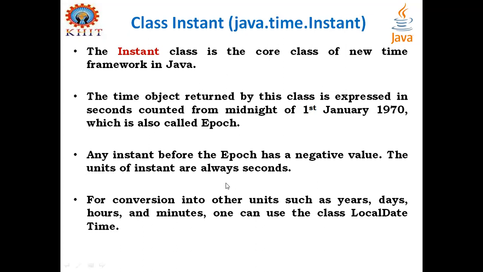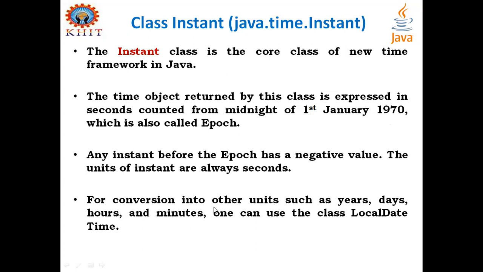Any instant before this epoch has a negative value, and after it gives positive values, expressed in seconds. The units of instant time are always seconds, only seconds.